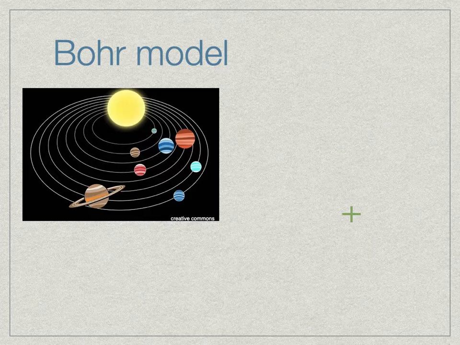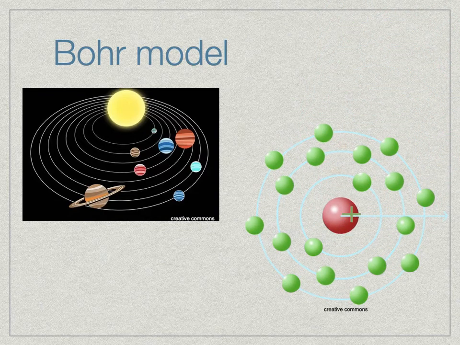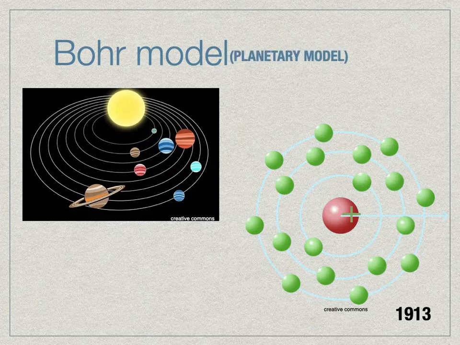Again, best we can tell, the Earth has not collapsed into the sun, so this seems pretty accurate. And so we have this model of the atom with a nucleus at the center, and objects moving around in orbital paths, and because they're moving around in orbital paths, they don't collapse in. This was proposed by Bohr as the planetary model in 1913.